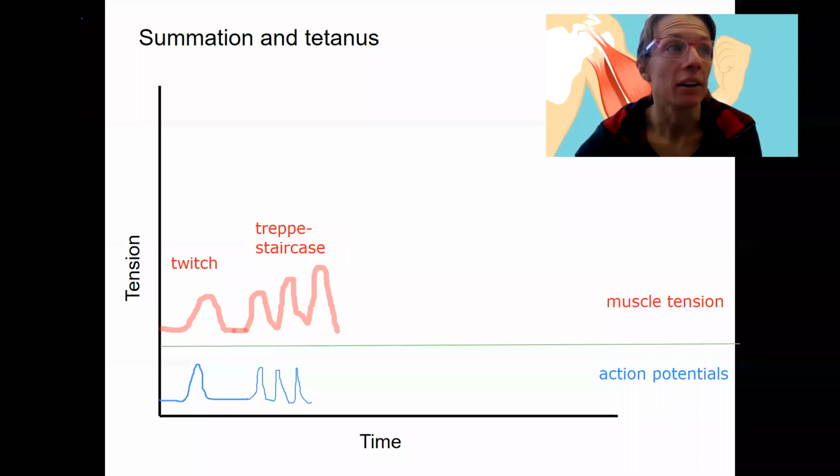The next thing we have is going to be summation. So we're going to have action potentials that occur in time frequently enough for the muscle responses to start to be added together. So basically the second stimulus is going to occur before the relaxation phase ends.